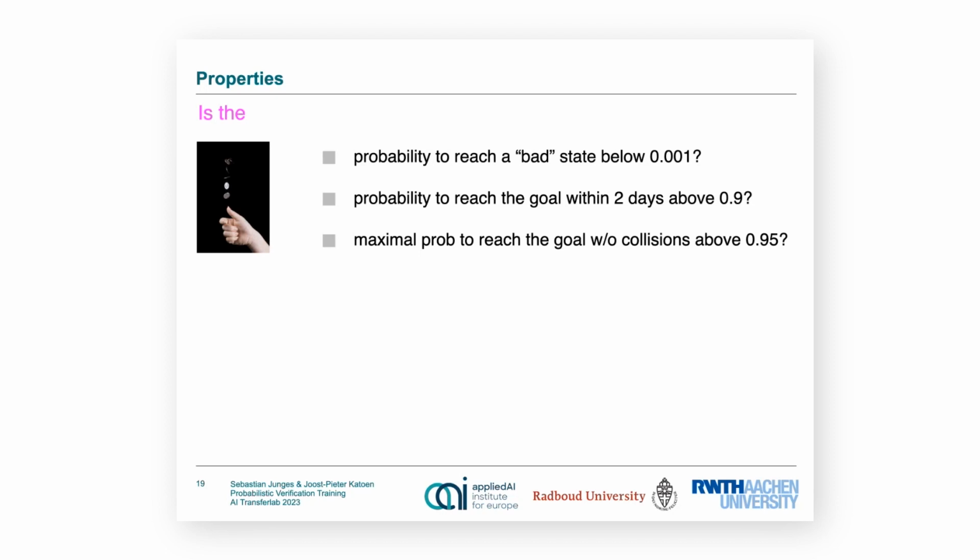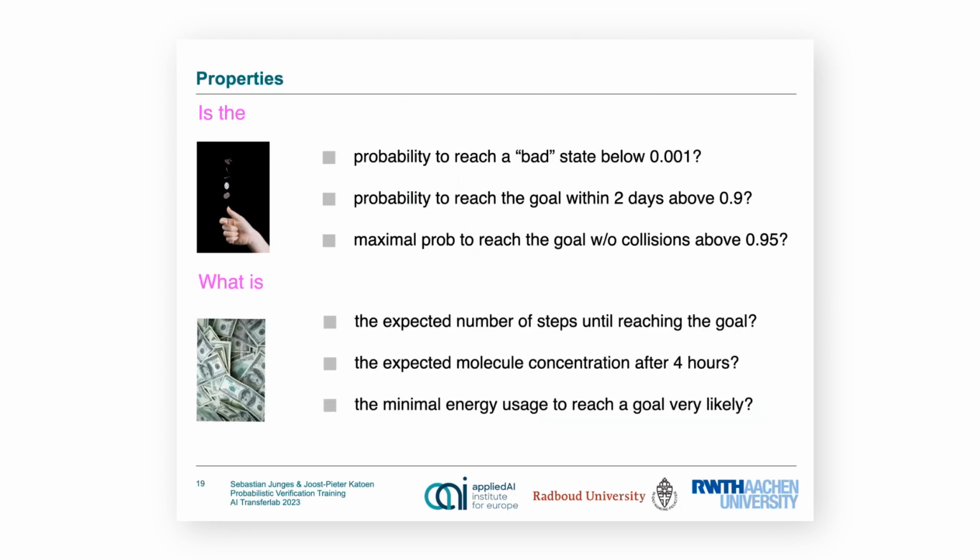There are also extensions of these Markov chains where you can model things like costs or energy consumption. And then you can also address questions like: what's the expected number of steps until reaching the goal? So that's basically the expected number of transitions until you reach the goal state.